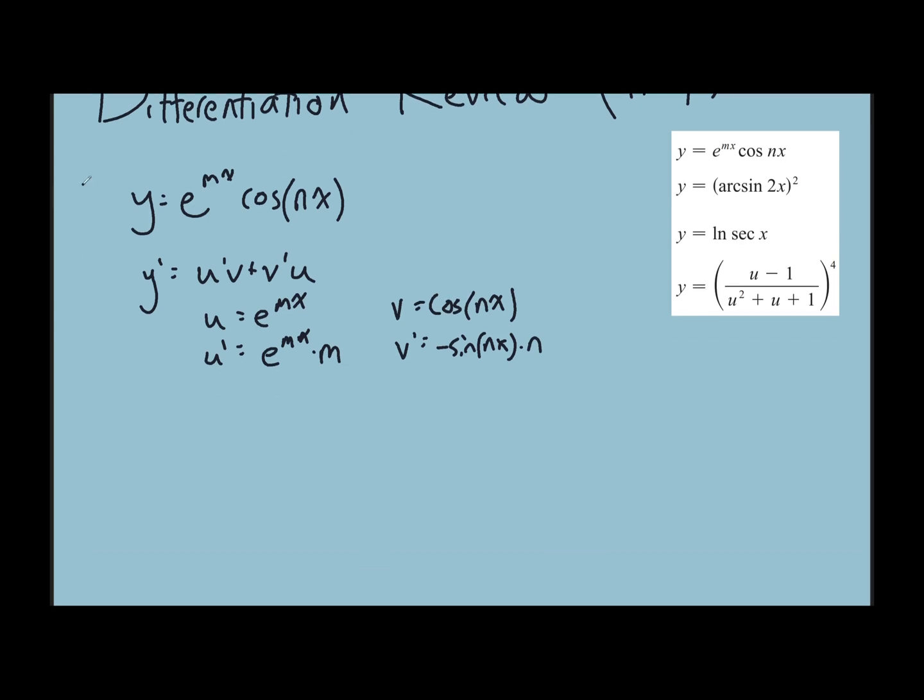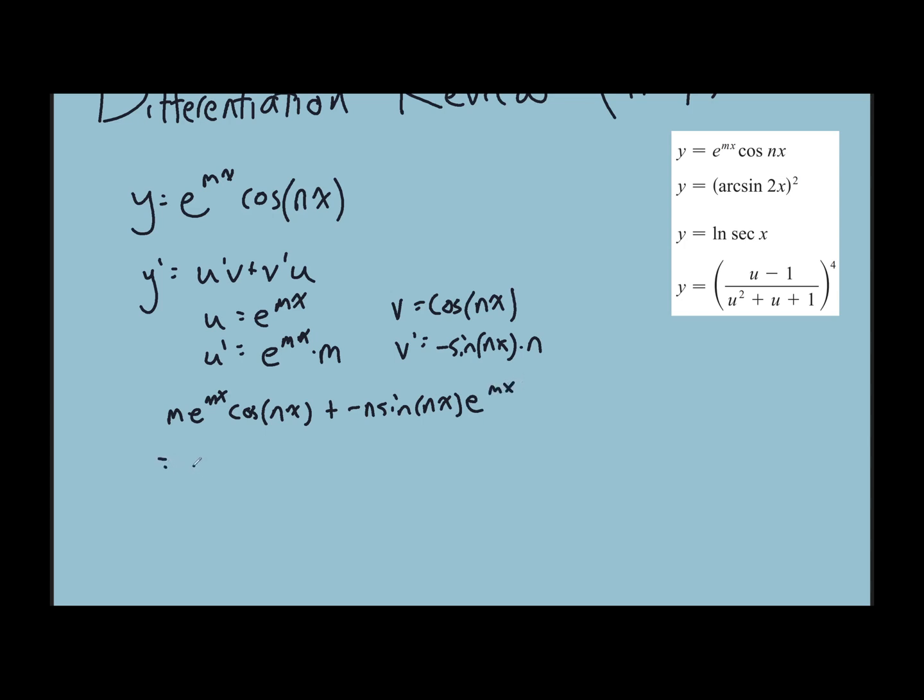So if I write this out, u prime, m e to the mx, that's u prime v, so cosine nx, plus v prime u, negative, let's do negative n sine of nx, like that, and then u, e to the mx.